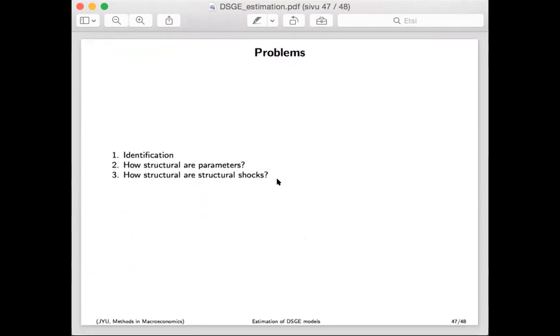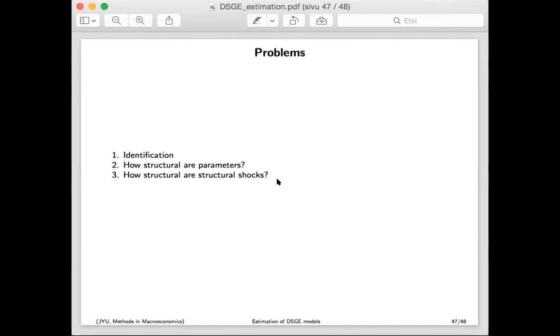There are quite a lot of problems in the estimation. The empirical fit is not super good. There are parameters which are hard to identify. One question is how structural are these parameters? Will parameters that determine the behavior of firms and households change if the policies change, if the same model is estimated for a different period of time when there are different monetary or fiscal policy rules?